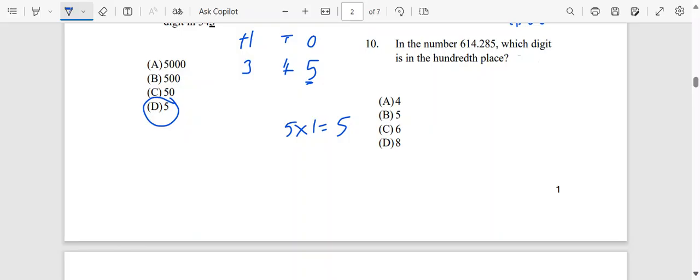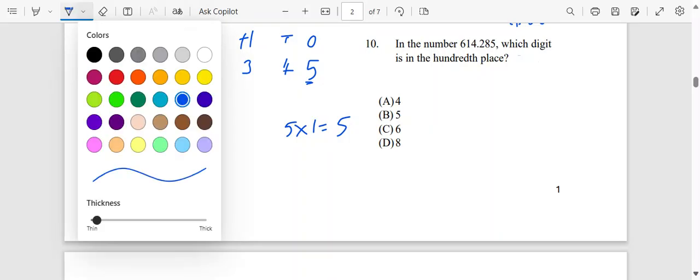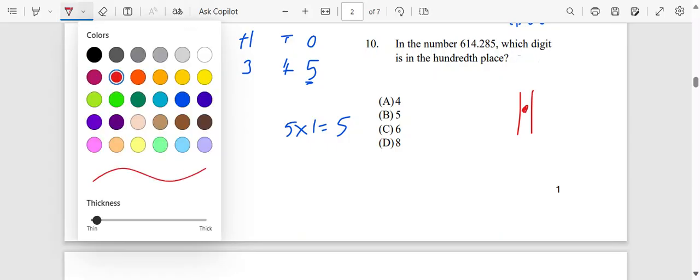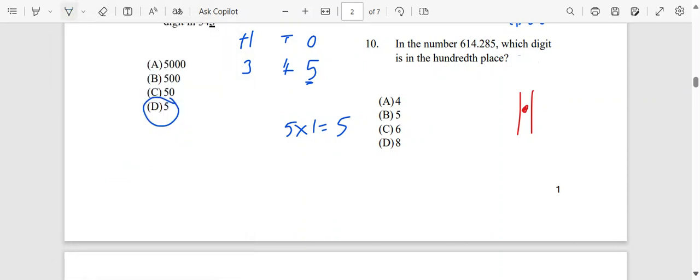All right, I'm going to need a different color for this. So a decimal place value chart. I choose the red because I want to put on the decimal point. And I'm going to go back to my blue marker. So on this side we have ones, tens, hundreds, and thousands.